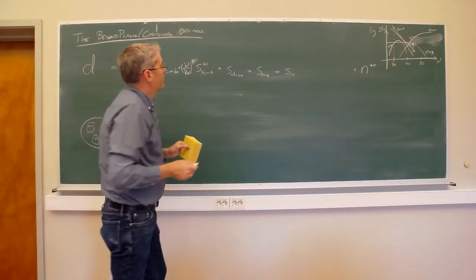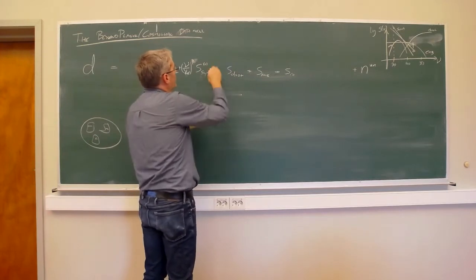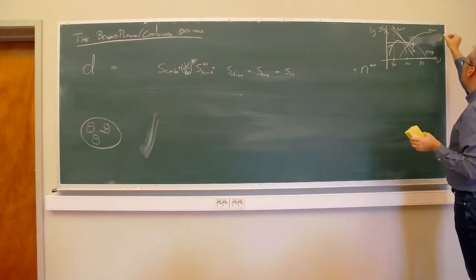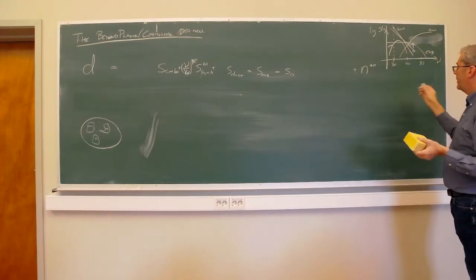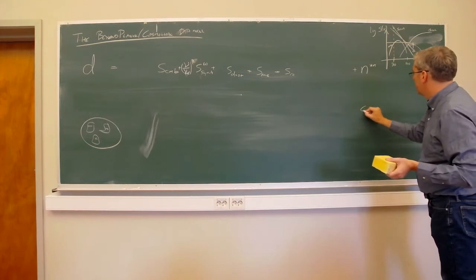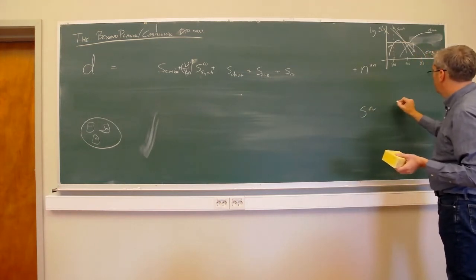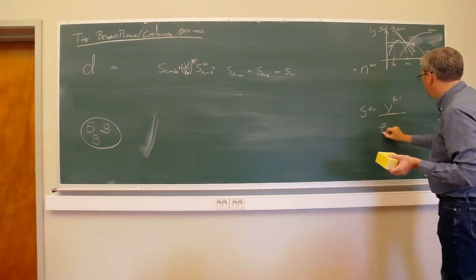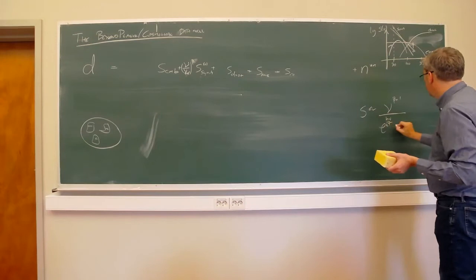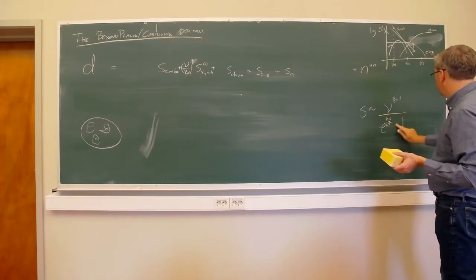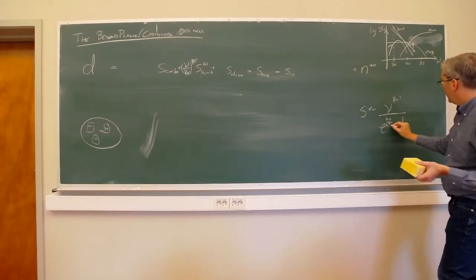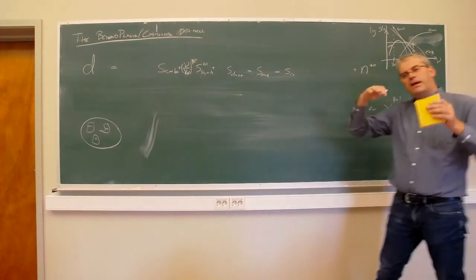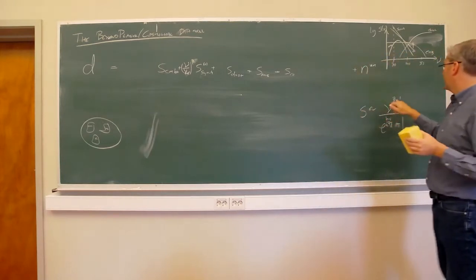For dust, it's even more complicated. In that case, this shape over here is often what is called a modified blackbody. It has a shape that looks something like proportional to nu to the beta plus 1 divided by e to the h nu over kT minus 1. I'm getting confused right now. There are two parameters here: beta and a temperature. So this is essentially like a blackbody, but tilted by this factor here.